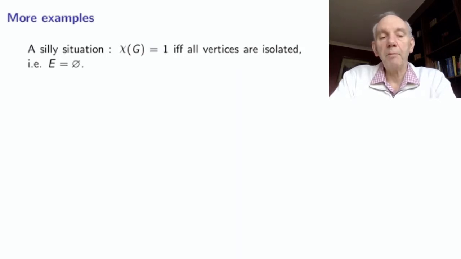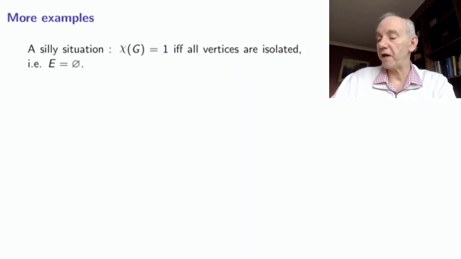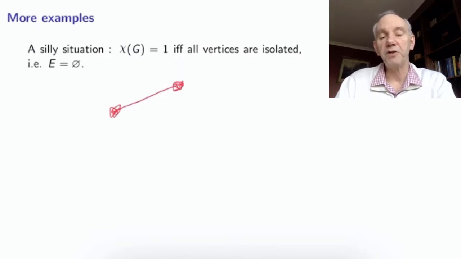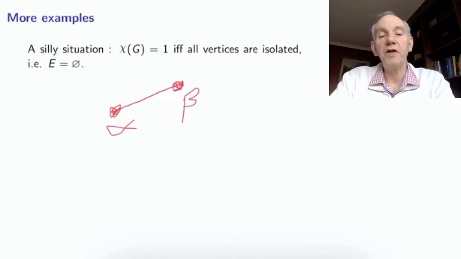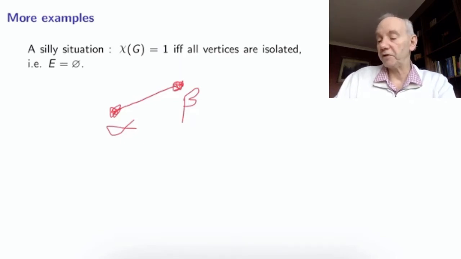Well, that means there can't be any edges, because as soon as you have an edge, you need two colours. As soon as you have a single edge on a graph, remember, if you have an edge, you must have two vertices. You can't have one end of an edge without a vertex. So we need colour alpha for one end, and we would have to take a different colour for the other end. So obviously, if the chromatic number is 1, we have just isolated vertices.